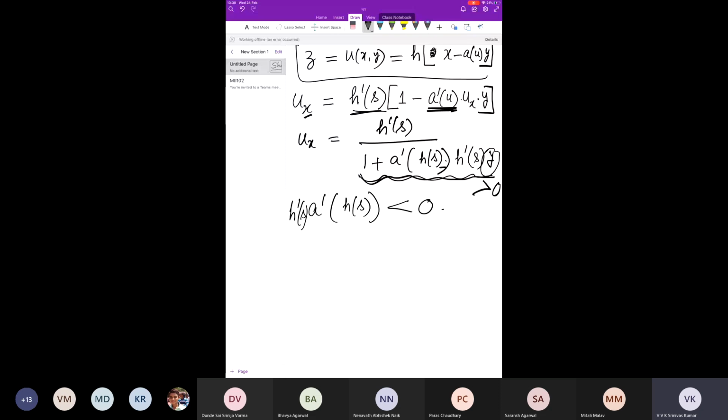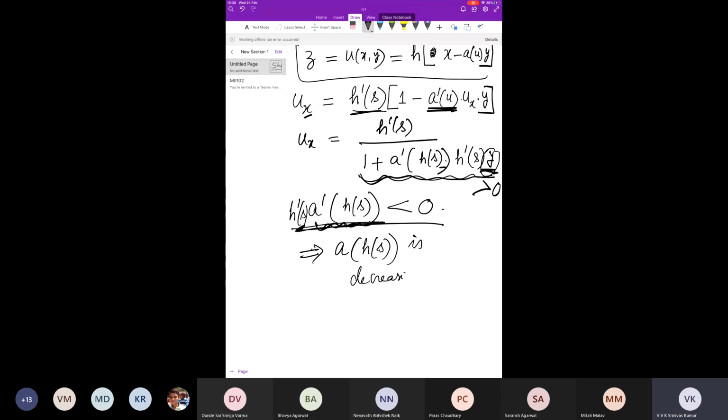That is what that implies. If this is negative and this is negative, then there's no case though. So one of them is negative. That is the case, and that implies that a of hs is a decreasing function of s.